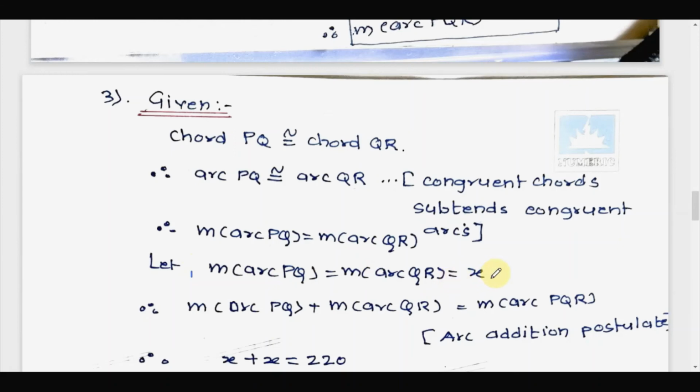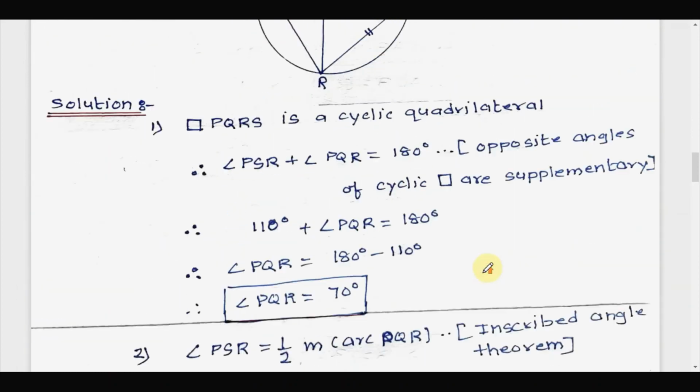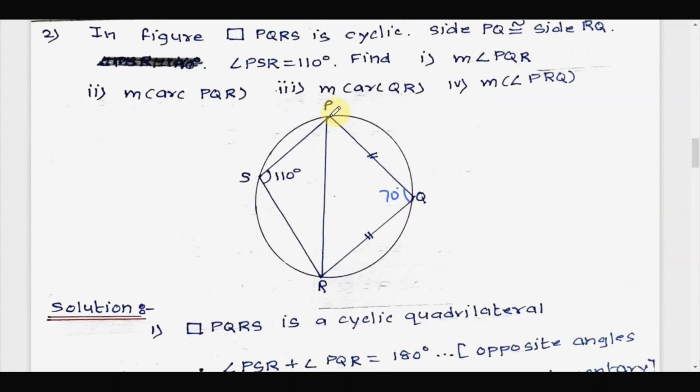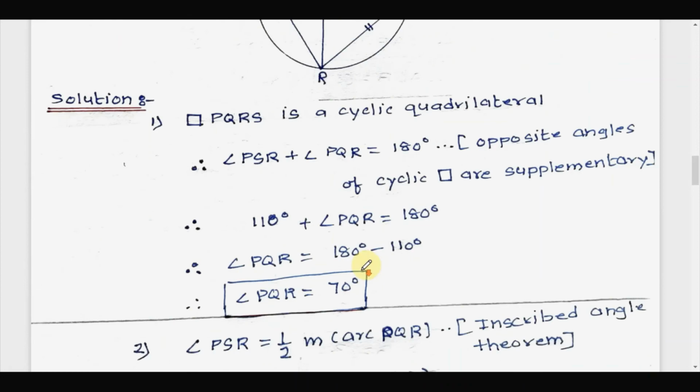Now see here, major arc PQ plus major arc QR is nothing but measure of arc PQR. I'll repeat, major arc PQ plus measure of QR is equal to major arc PQR. Correct or not? This is arc addition postulate.